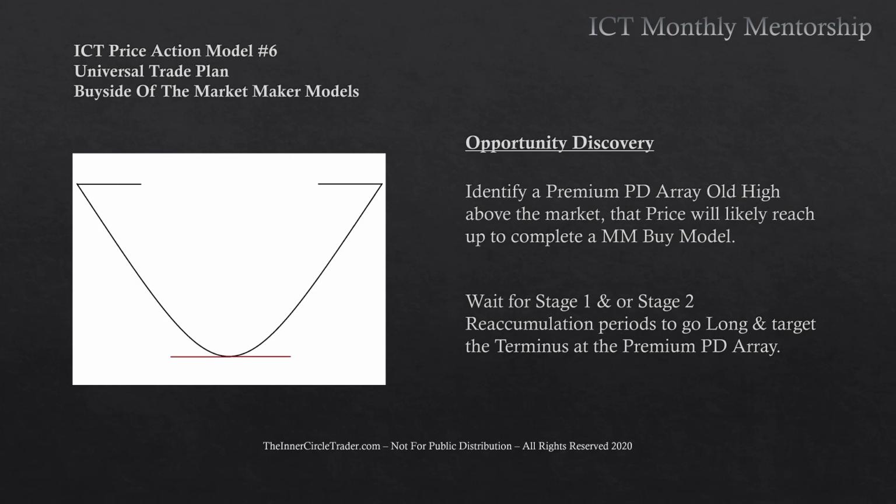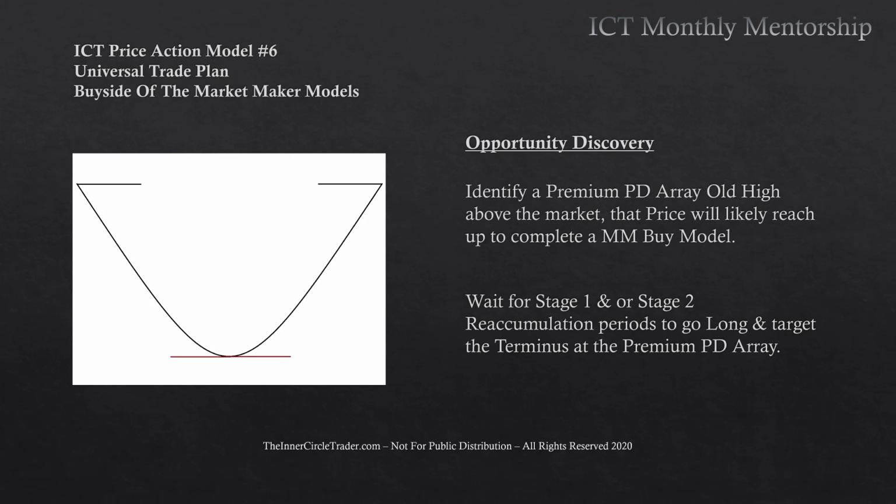Okay, and the reverse is seen when we have a market maker buy model. We're going to identify a premium PD array, old high, or in this case, the original consolidation above the market. That price will likely reach up to complete a market maker buy model. Again, we're going to wait for stage 1 and/or stage 2 reaccumulation period to go long and target the terminus at the premium PD array.